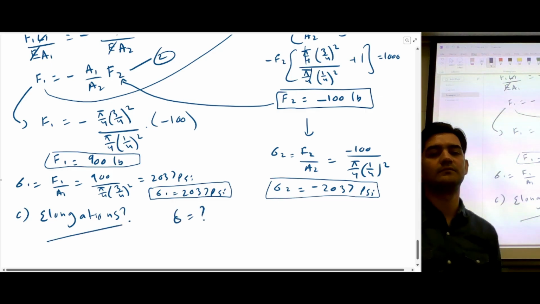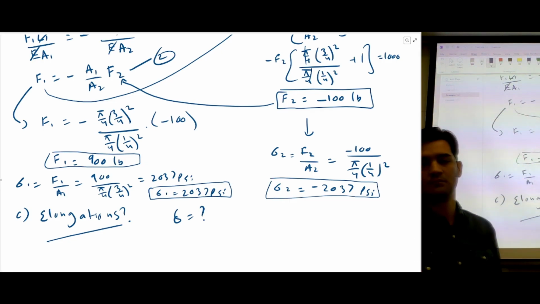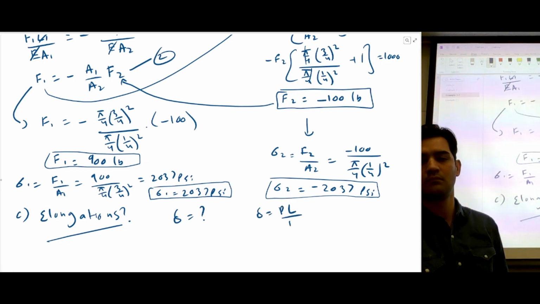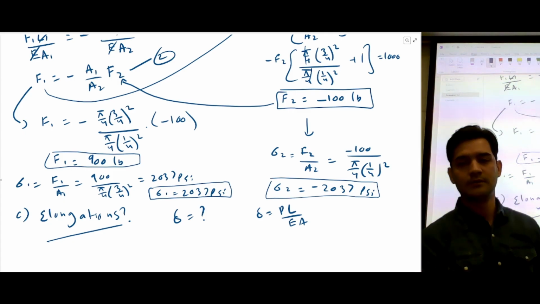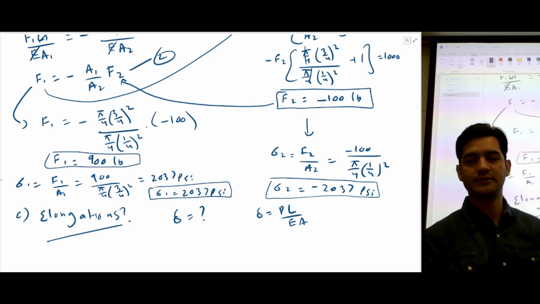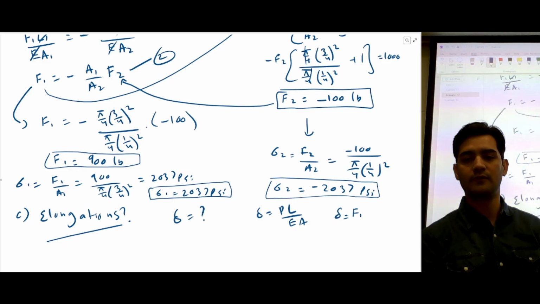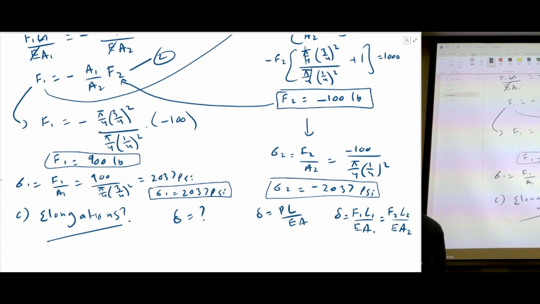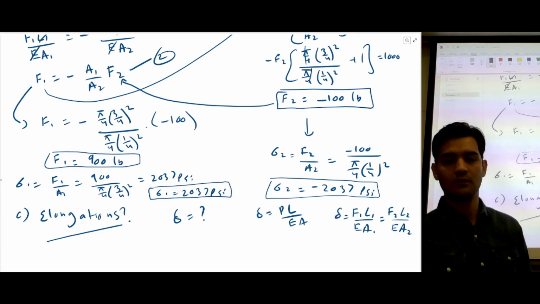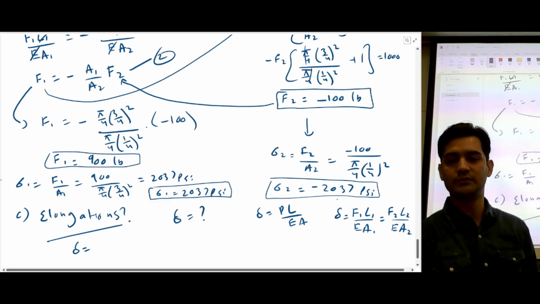That is delta. So for our case, we'll do F1 L1 over EA1. You can use either of the equations. So delta would be equal to, I'm going to use this part, F1 L1 over EA1.